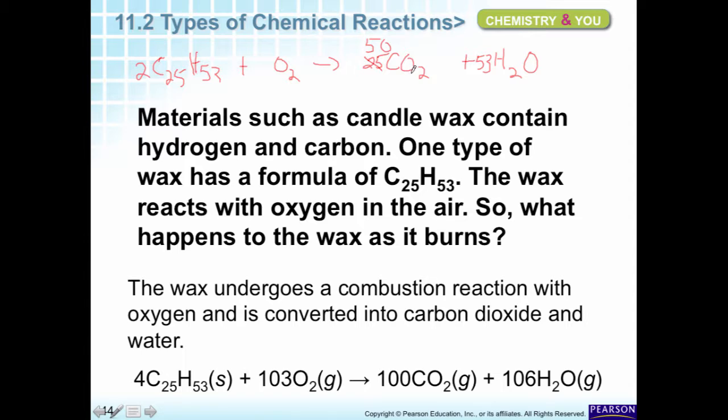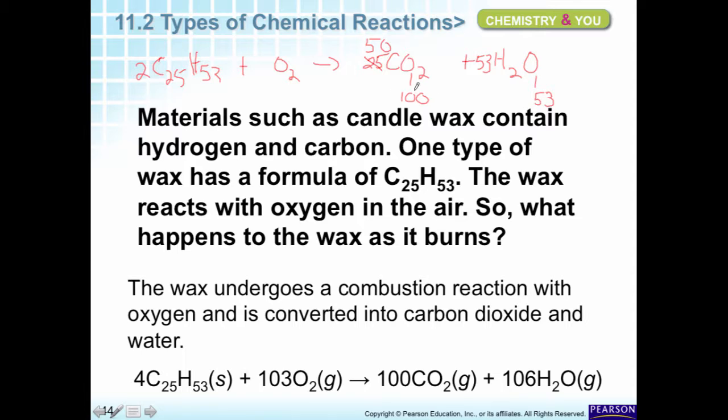Now we have to look at our oxygens. So we have 100 oxygens here, and we have 53 here. So we have an odd amount of oxygens.